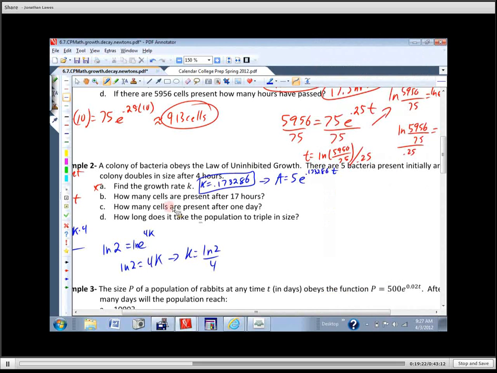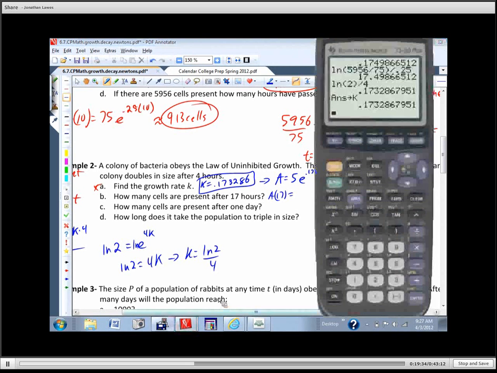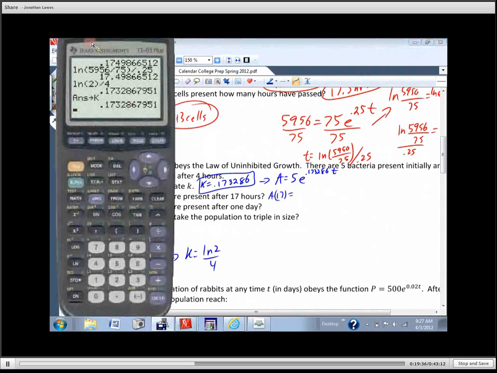Okay, how many cells are present after 17 hours? What do we need to do here? Plug in 17. We're finding A of 17. So if you plug in a 17, let's go ahead and figure out what that is. So the formula is 5 e to the k. Thank you very much.